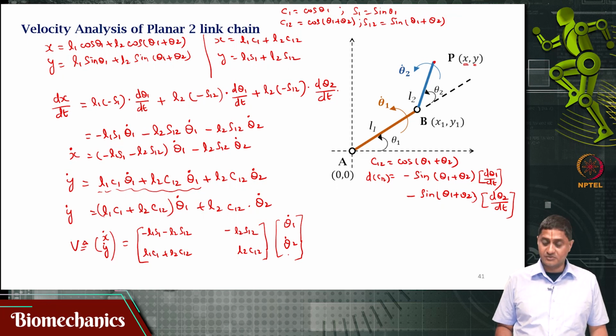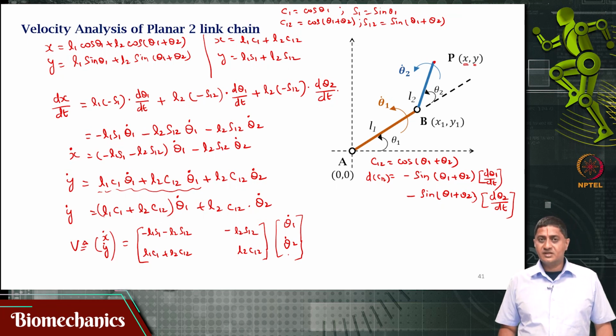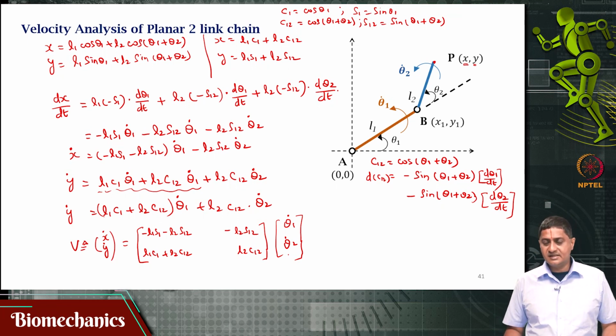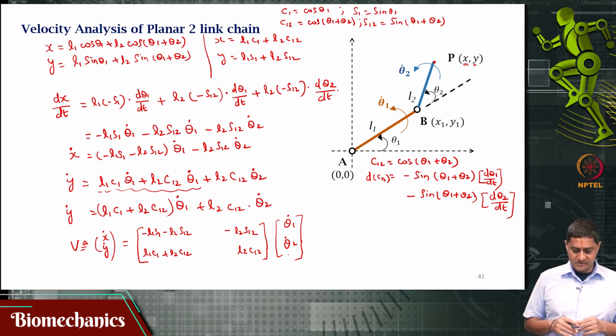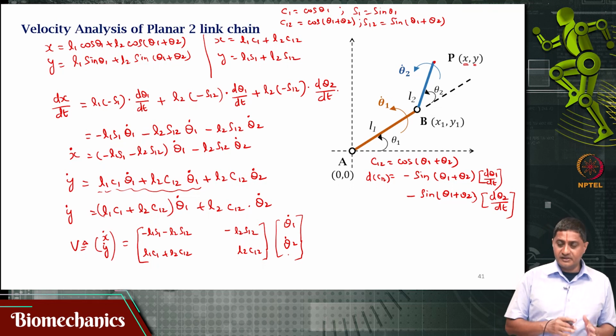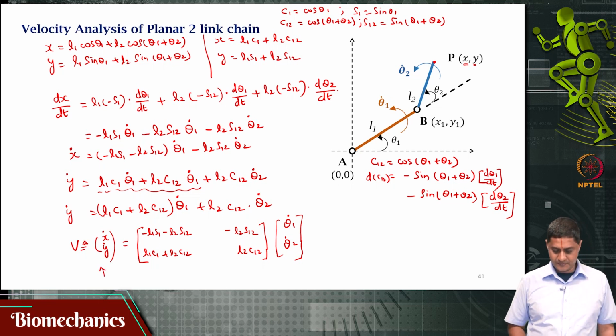perform matrix multiplication, you will realize that this is essentially the equations for x dot and y dot written in matrix form. So, let us take a few seconds and examine this situation a bit more closely. The column vector on the left hand side, that is x dot y dot, which is this.